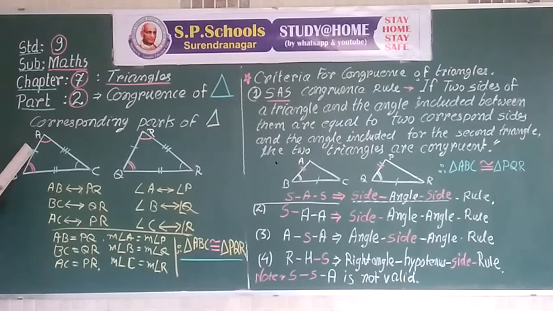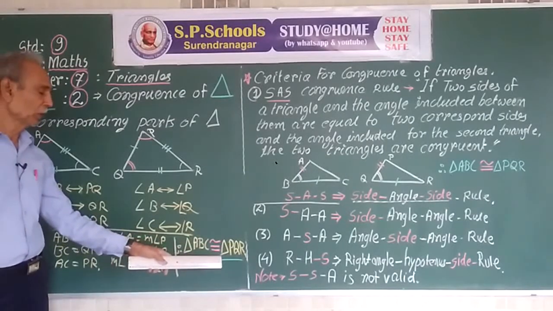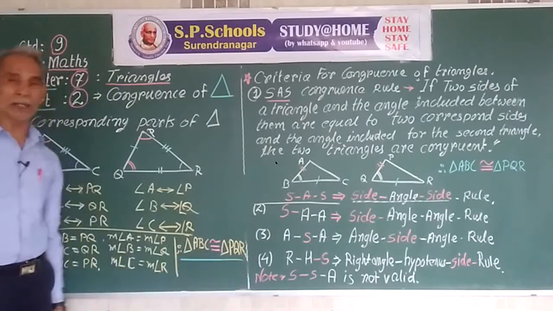Now, if one side corresponding to one side of a triangle is equal, the second side of a triangle is equal to the second side of the triangle, and the third side is equal to the third side of the triangle, and the corresponding angles, this angle A corresponding to angle P, if they are equal, similarly B equal to Q in measure, C equal to R in measure, then triangle ABC is congruent to the triangle PQR.